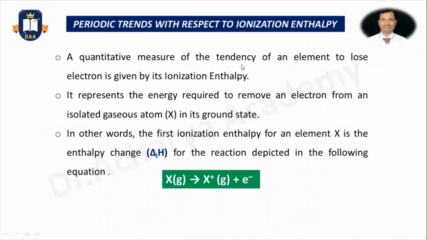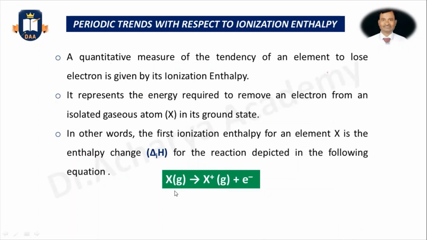The quantitative measure of the tendency of an element to lose an electron is given by its ionization enthalpy. This ionization enthalpy represents the energy required to remove an electron from an isolated gaseous atom X in its ground state.